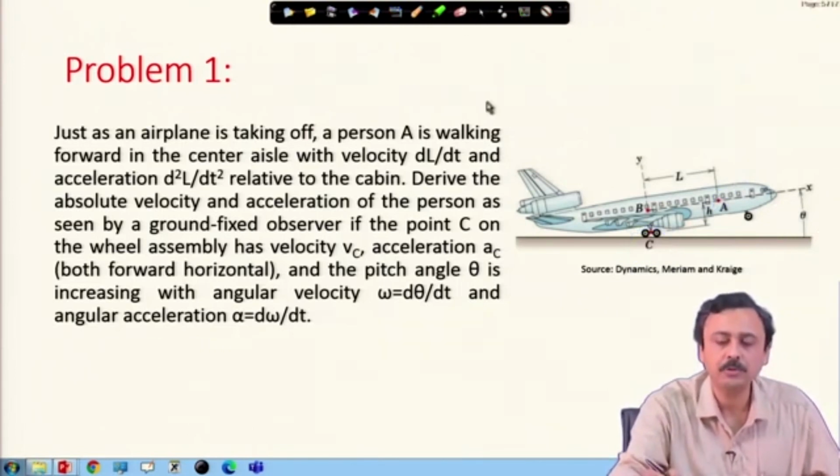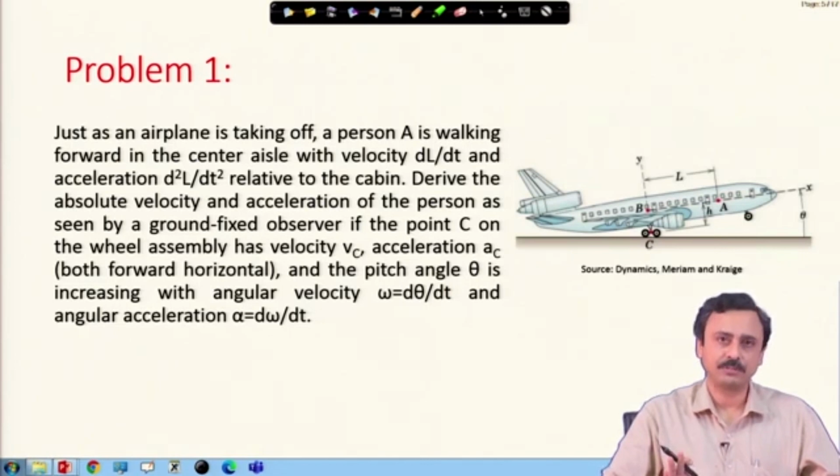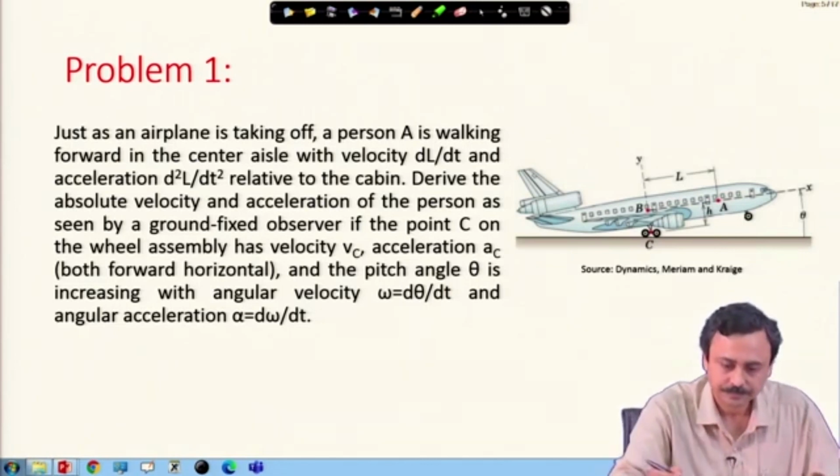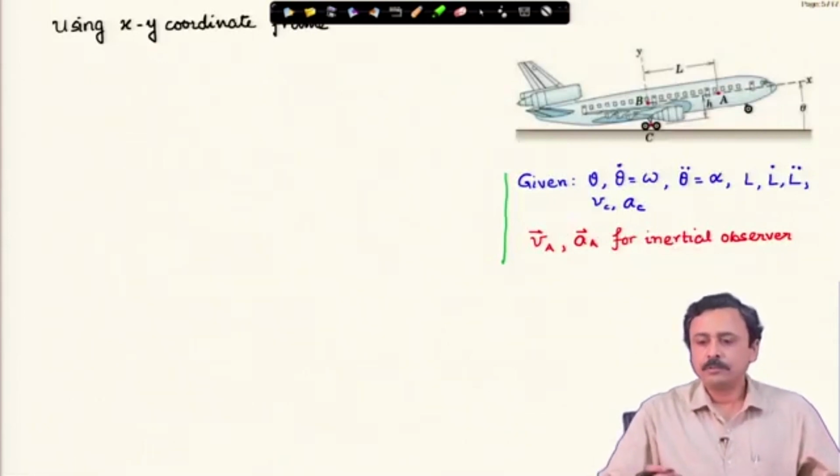We have to find out the absolute velocity and acceleration of the person as seen by an inertial observer. Whenever we say absolute velocity, absolute position, it means as seen by an inertial observer. We will use the xy frame that is given in the figure.